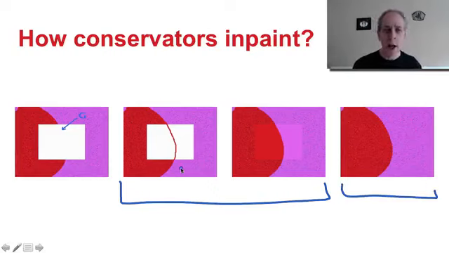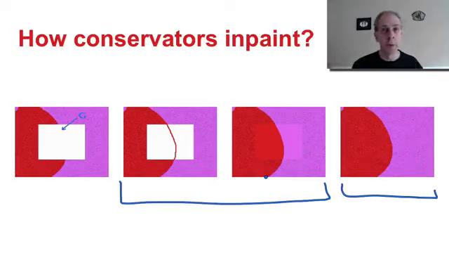So remember, there's a continuation of the geometry, basically the boundary, and then filling with the colors. It's like if this is water, we are going to let the water flow into the region, but because we have the boundary, the right water is going to flow into the right regions.